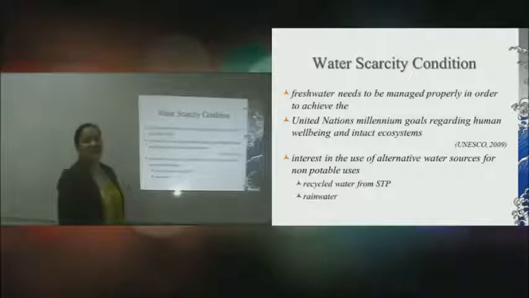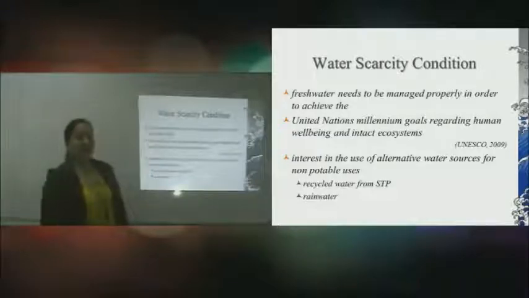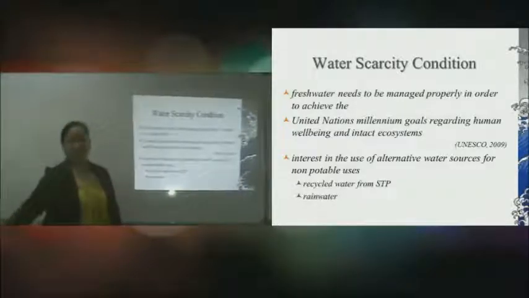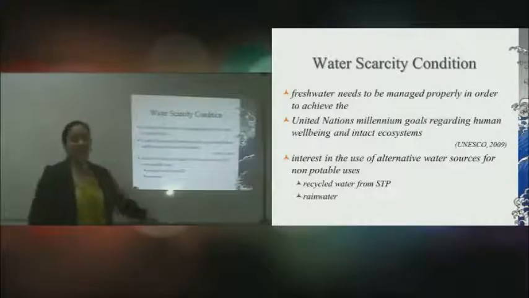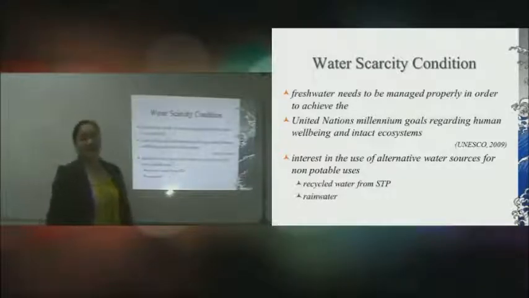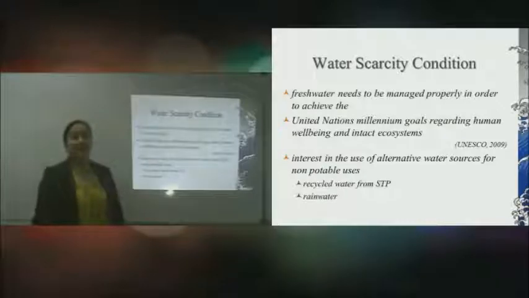Now, this is already being done in Ayala Alabang, where we utilize 3,000 cubic meters of water, not for potable water, but only for watering the plants in a particular golf course. Because in Ayala Alabang, we have this golf course which utilizes 3,000 cubic meters of the treated effluent from STP.